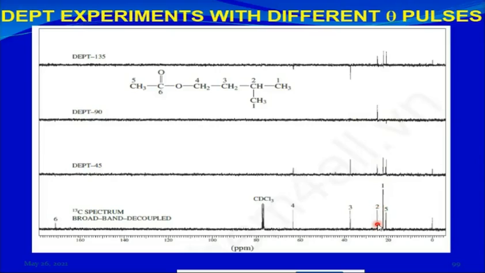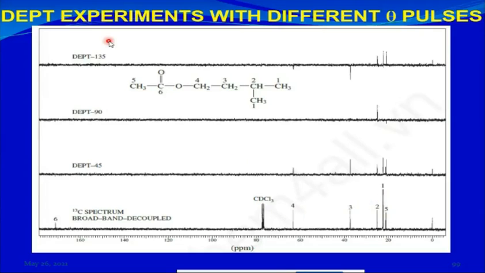So this signal at around 25 ppm, which is labeled as 2, should belong to the CH, and it is confirmed from this structure here, right? So we have one CH. So we had 5 protonated carbons, or carbons having hydrogens attached to them. Out of these 5, 1 is a CH. Now we have to differentiate between CH2 and CH3. So 1, 2, 3, 4 carbon atoms are left.